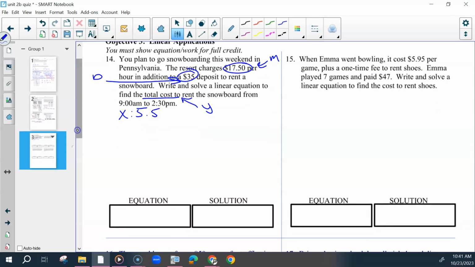So your equation would have been Y equals 17.5 times 5.5 plus 35. Then you would have calculated that. I don't remember what that was. 131.25.